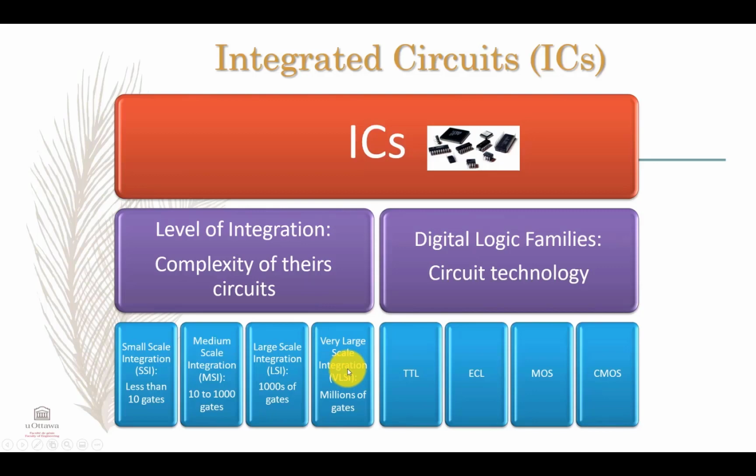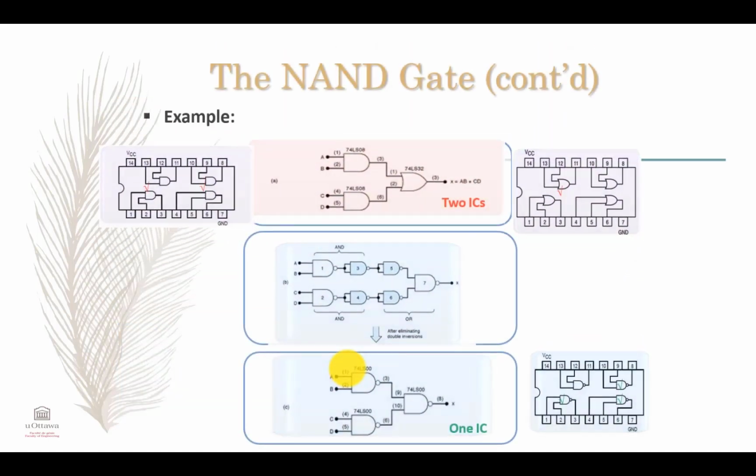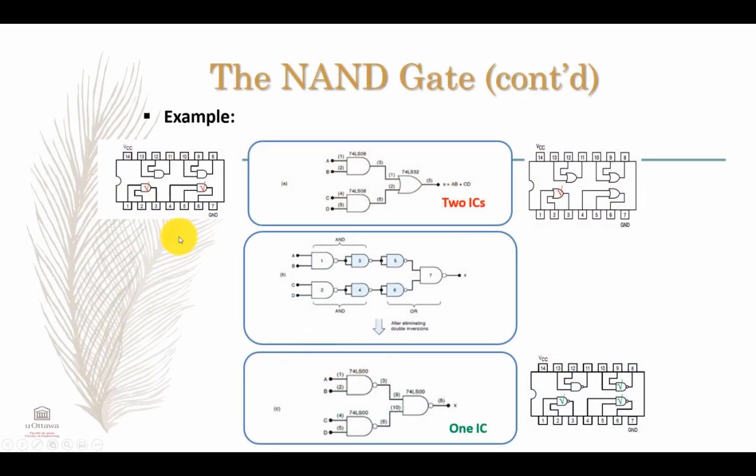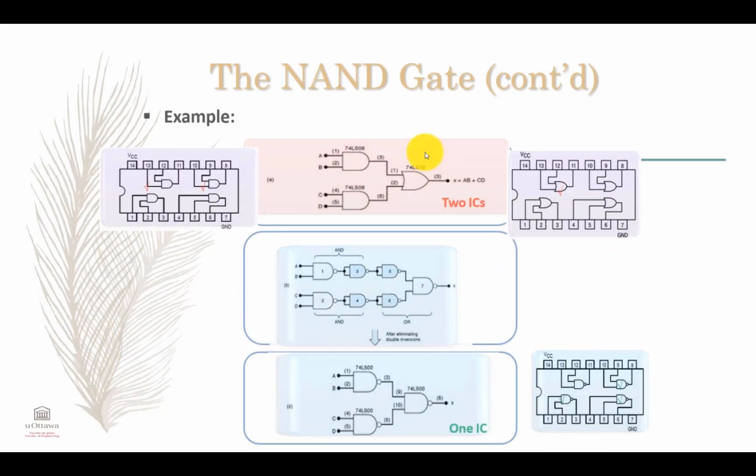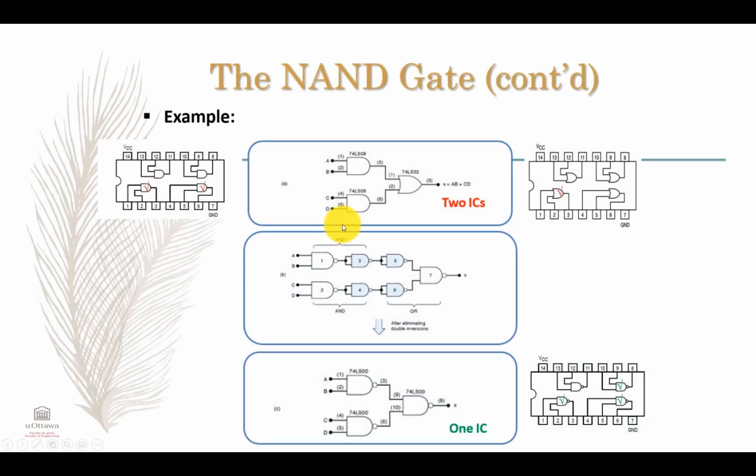So let me show you an implementation for that. Let's suppose that we have a chip with only 4 gates, and we would like to use these ICs in order to implement a digital circuit using the commercial ICs. Let me explain it further.